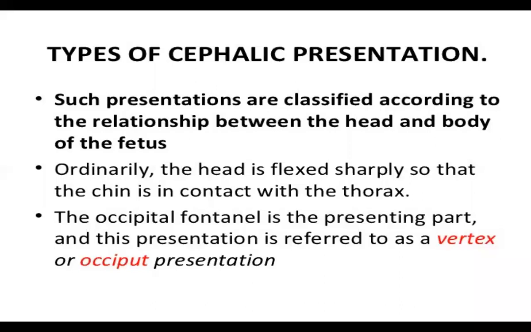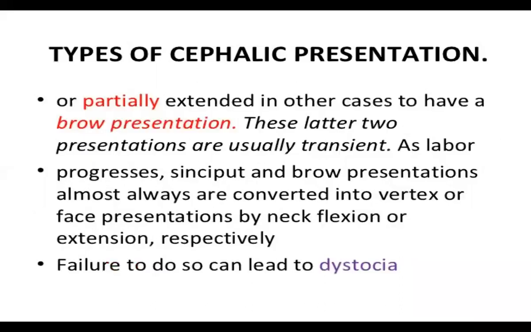And the occipital fontanelle is the presenting part, and this presentation is referred to as a vertex or occiput presentation. That is occipital, the back part, it is the presenting part. Or it is partially extended in other cases to have a brow presentation. These latter two presentations are usually transient as labor progresses.